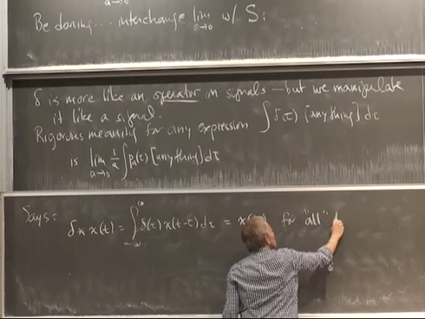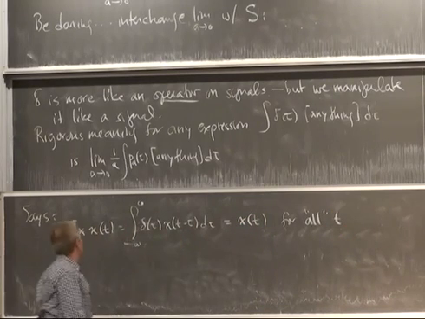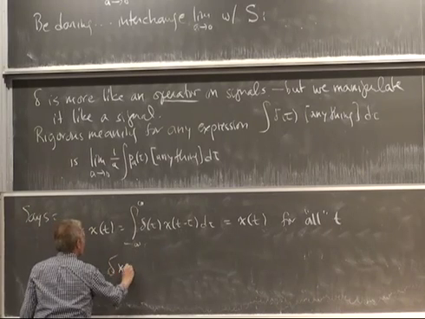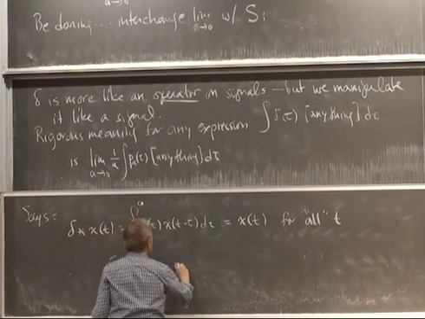I'll put all in quotes because that might not include the jump points. And a quick way of writing that is that delta convolved with x equals x when x is decent.